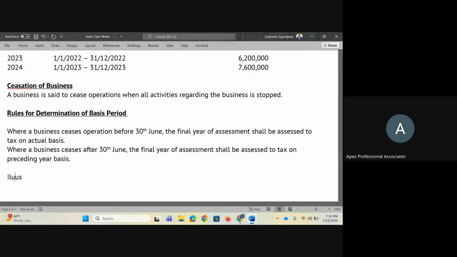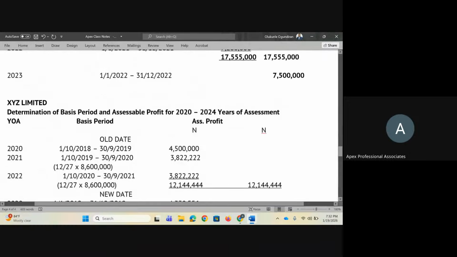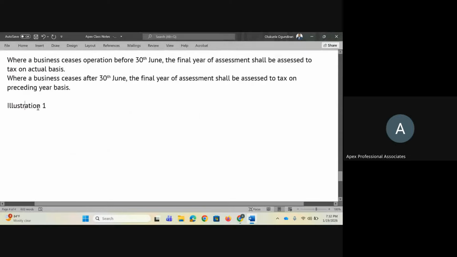So let's quickly do this illustration. Illustration 1. So we have Iteoluwa Limited. Has been in business for several years.